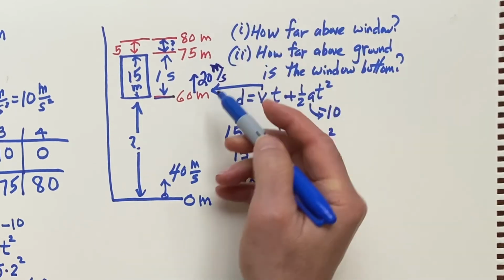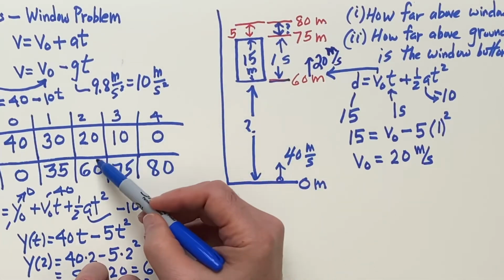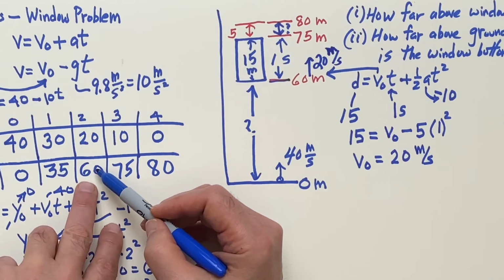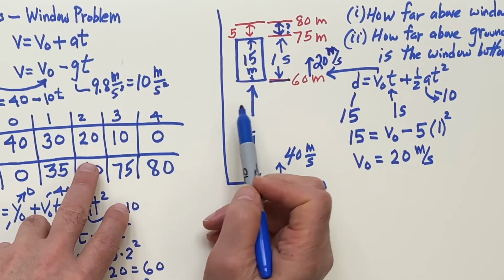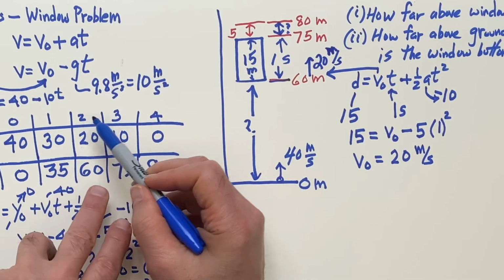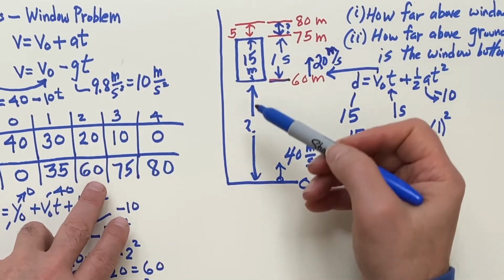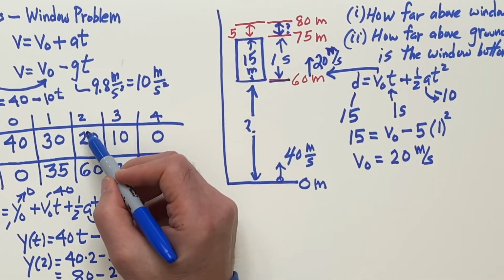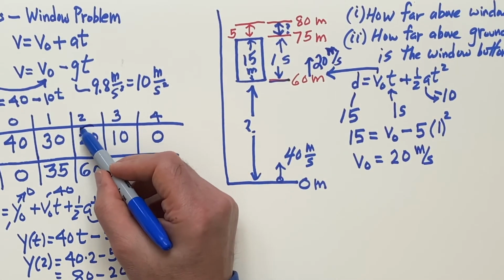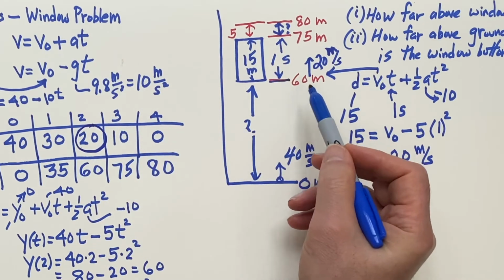Now, if I check that with my chart, at 60 meters, the velocity is 20 meters per second. That's correct. However, the person doing the problem doesn't know it's 2 seconds and doesn't know that it's 60 meters above the ground. But look, we figured out the 20 here.